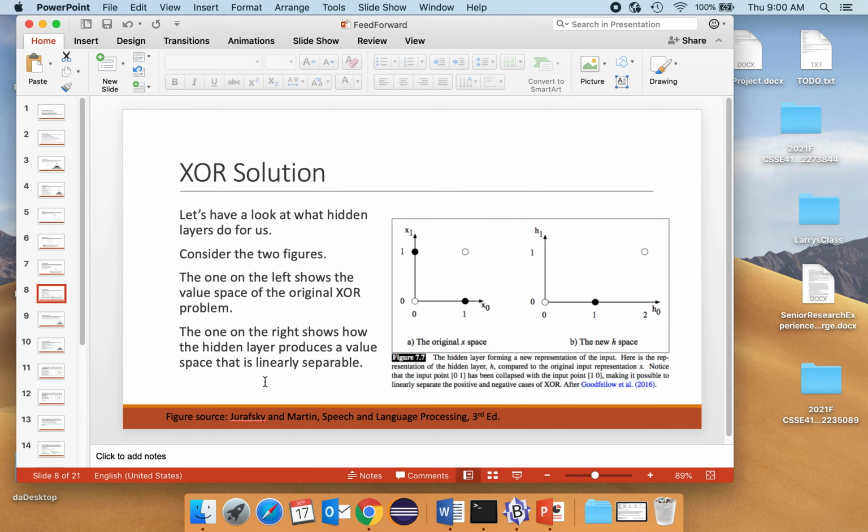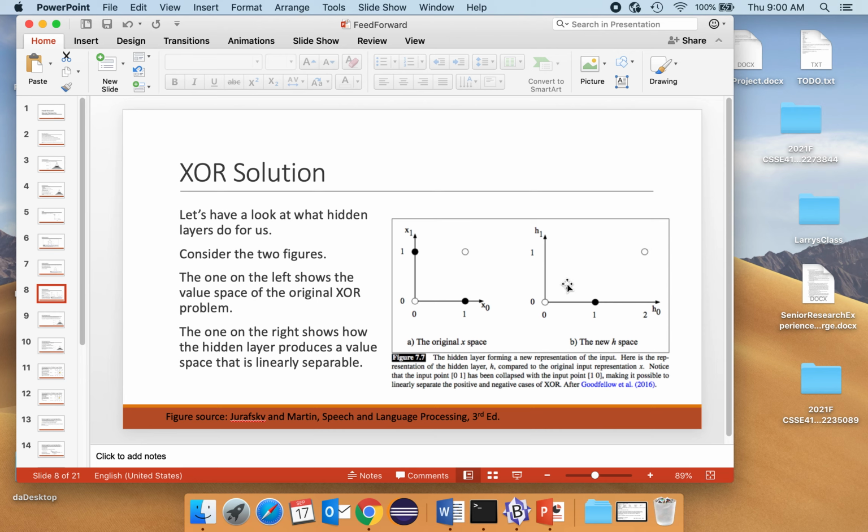So assuming that you did the assignment, let's have a look at what the hidden layer does for us. What we have over here is again the original space on the left side. And then, remember, we had these 2 hidden units, H1 and H2. And the output here is the y, the y1 that we're interested in.